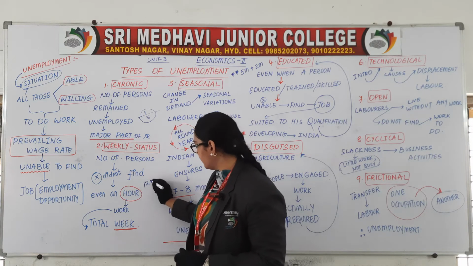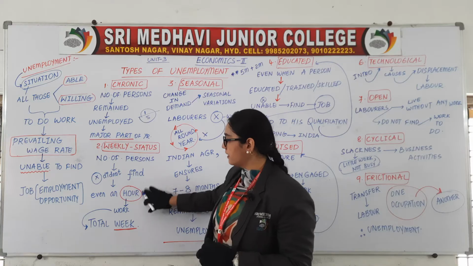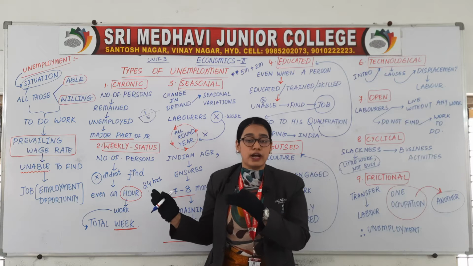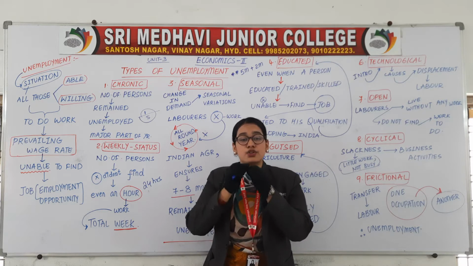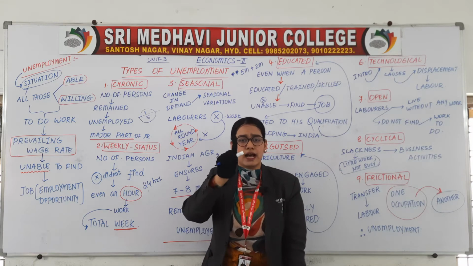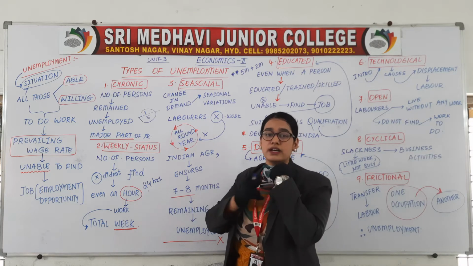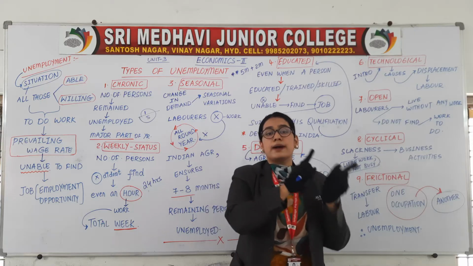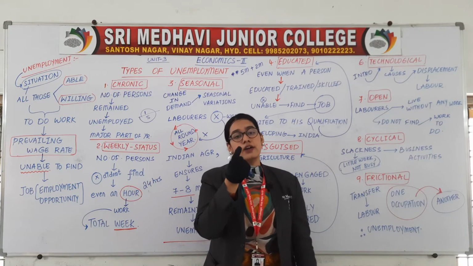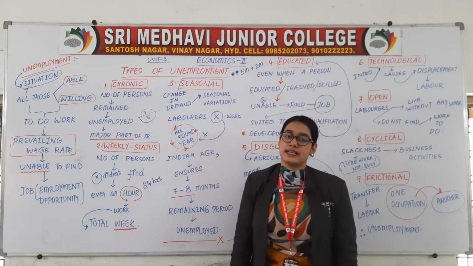How many hours will be there? 12 hours and 12 hours. Right? Total how many hours do we have? 24 hours in a day. From those 24 hours, when a person is not finding even 1 hour of work, a person who is unable to find even an hour of work during the total week, from Monday to Saturday, the whole week he is not getting even 1 hour of work, then that kind of person is considered as weekly status unemployed.